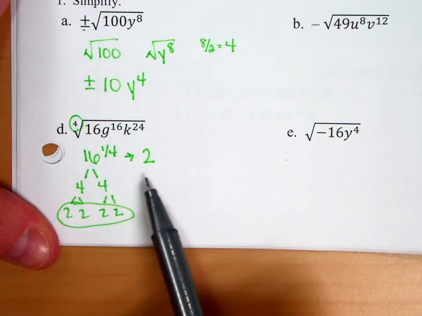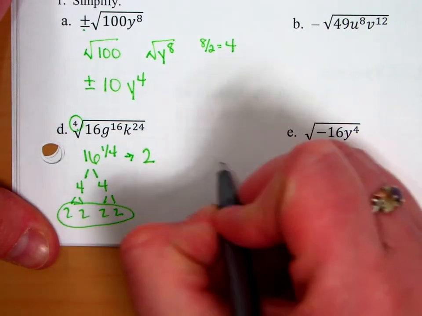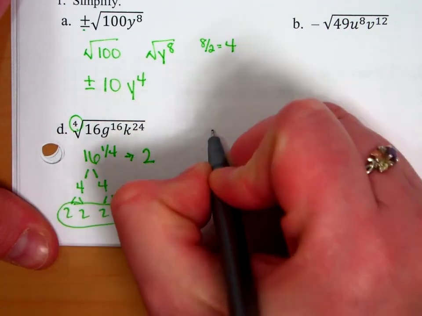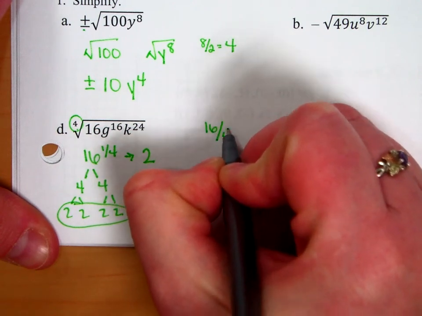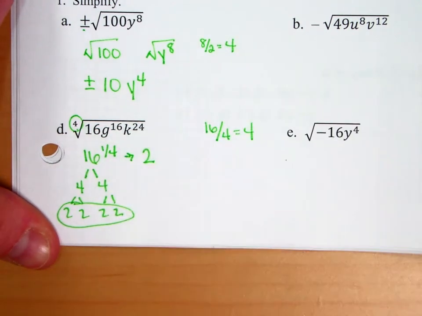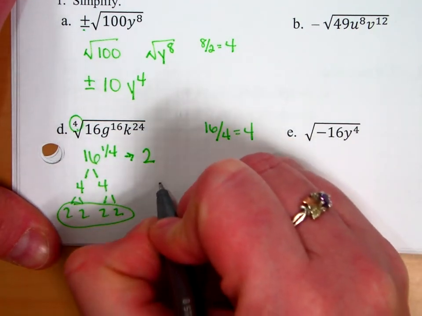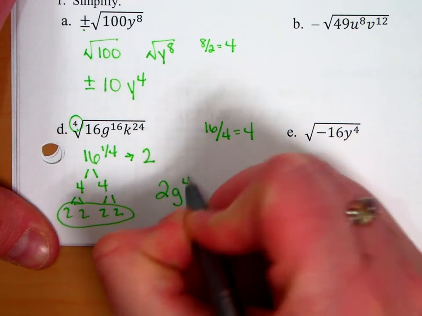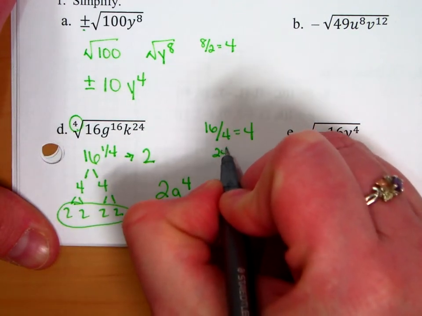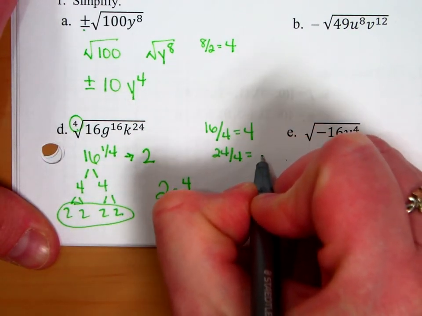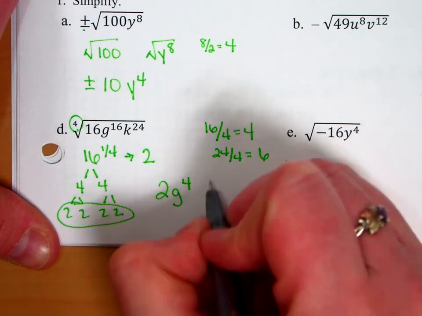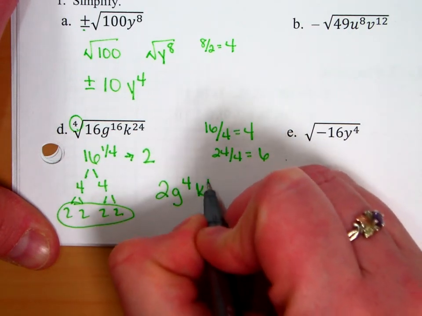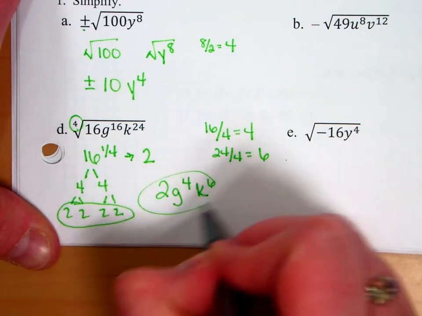That makes a single group. I can pull it out as a 2. 16 for the g divided by 4 equals 4. So I now know I have 2g to the 4th. And then 24 divided by 4 equals 6. So k to the 6th. And that would be my final answer.